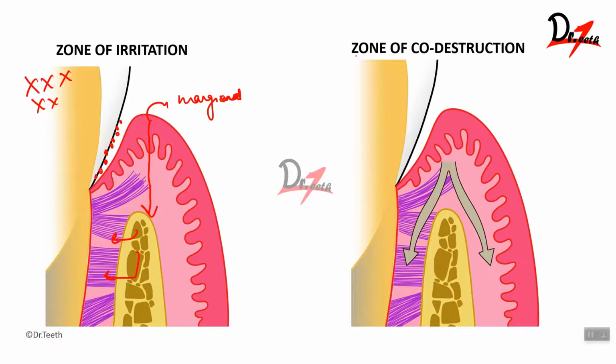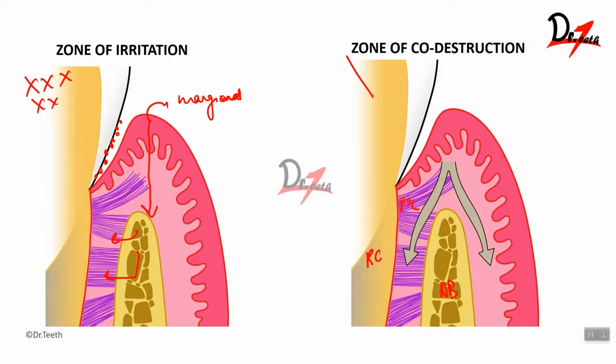Whereas the zone of co-destruction mainly involves the periodontal ligament, the PDL, the root cementum and the alveolar bone. And here apically it is demarcated by the transeptal fibers. So the tissue in this zone becomes a seat of lesion by trauma from occlusion.